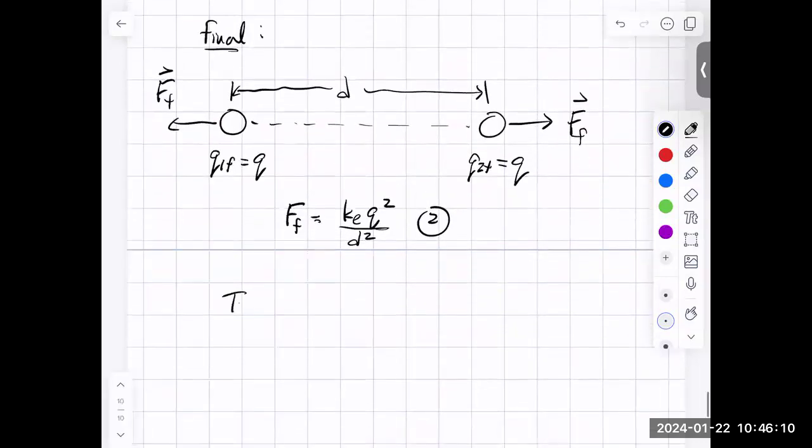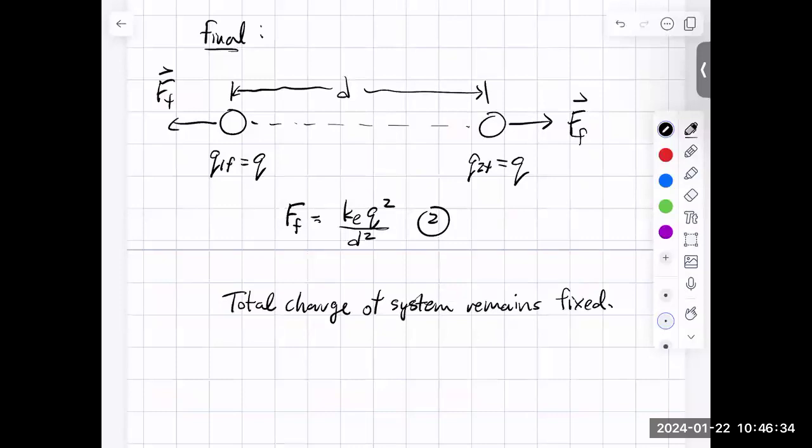So the other bit of information that you need is that the total charge of the system does not change before and after the wire is connected. The total charge of the system remains fixed, right? We're not adding charge or removing charge. We're just allowing the charge that's already on the spheres to maybe redistribute.